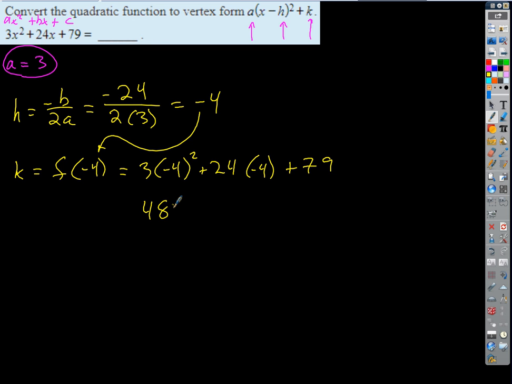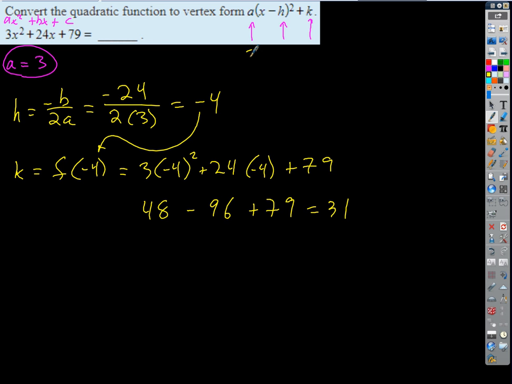24 times negative 4. If you multiply by 4, you just double it twice. So 24 doubled is 48, doubled is, there you go. So we get a negative 96 plus 79. So that's going to give us negative 48 plus 79. What is that, 31? Okay, so then all we have to do is plug those numbers in.